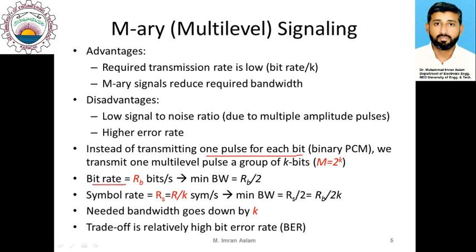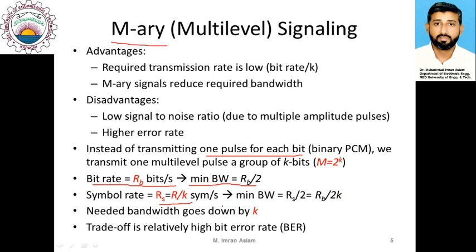So the bit rate, which is given as RB, gives you a transmit bandwidth of RB by 2. But whenever we go to the M-array signaling, in that case the symbol rate is smaller than the bit rate. So RS should be RB by K. So the minimum bandwidth will be RS by 2, which is RB by 2K.